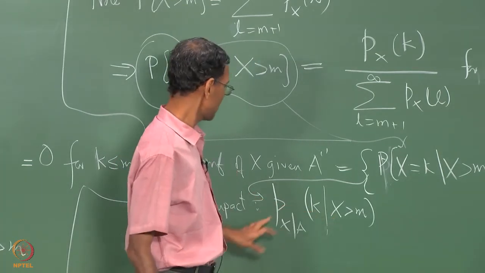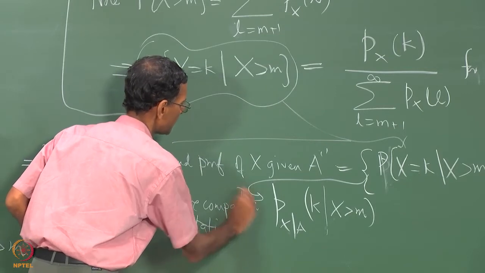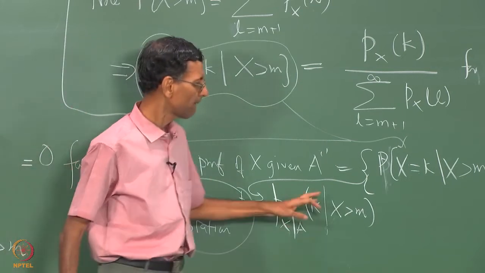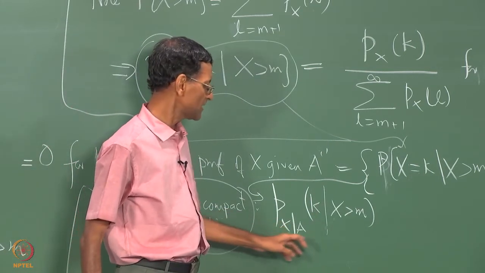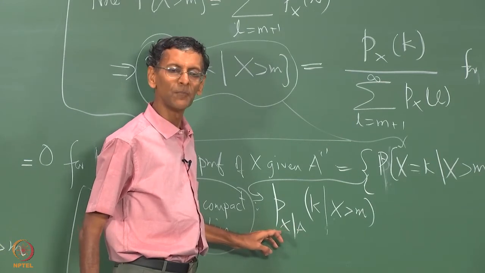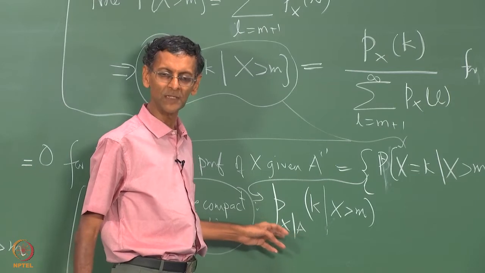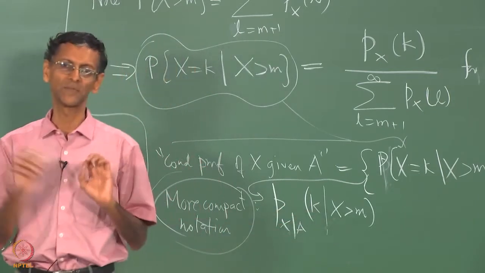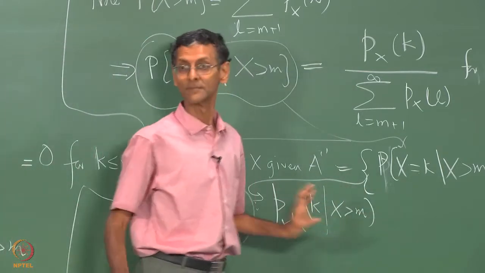So, what is the notation here? More compact notation is this. Is this clear? X given A is a subscript. For people that want to try your hand at LaTeX-ing the subscripts and so on, it is very easy to do. All you have to do is put this whole thing as one subscript string, and then this is the argument string.